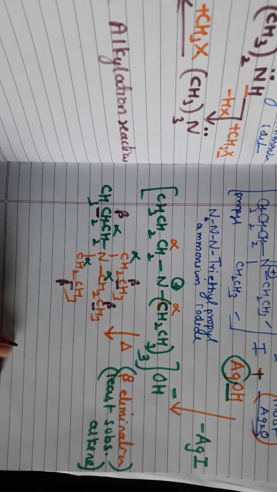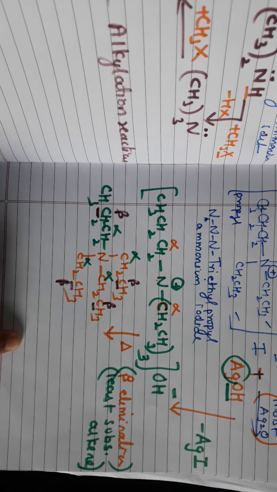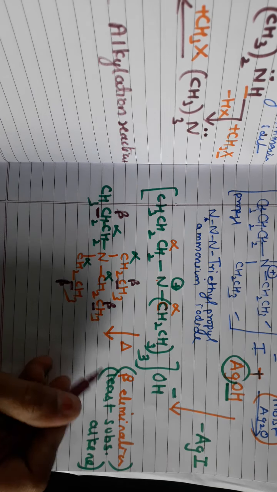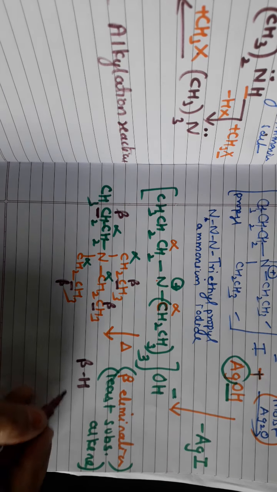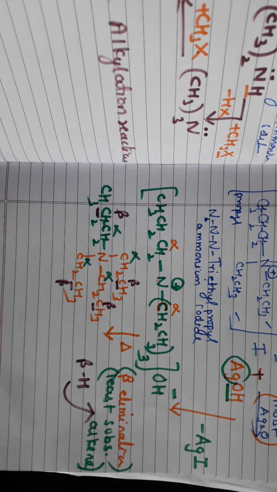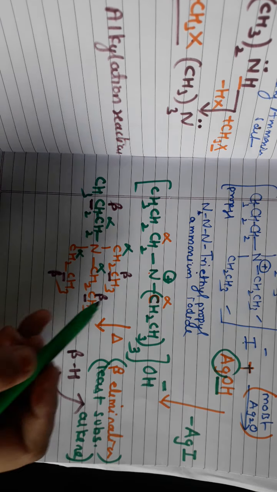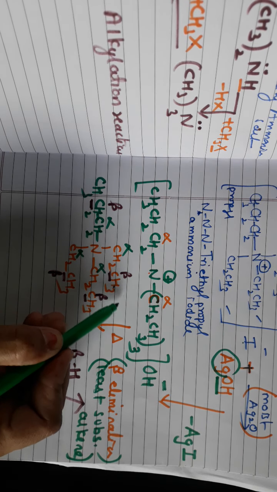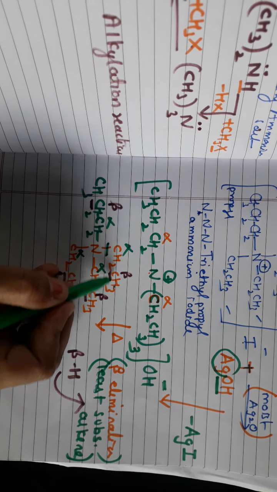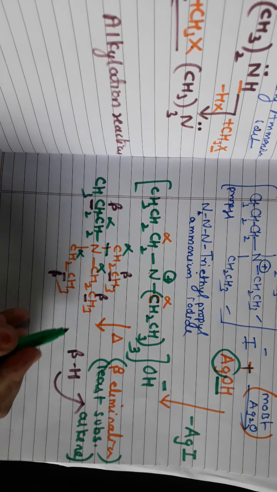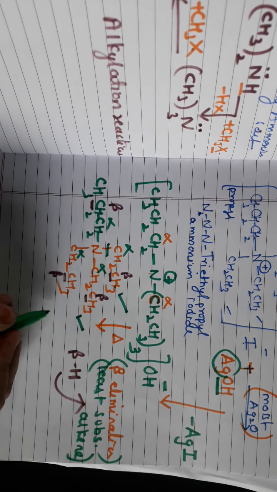When you are heating it, there will be elimination of a beta hydrogen atom, but it will be eliminated in such a way as to give the least substituted alkene. Let us understand what is going to happen if this beta H goes away. If beta H goes from here, we will get ethene.